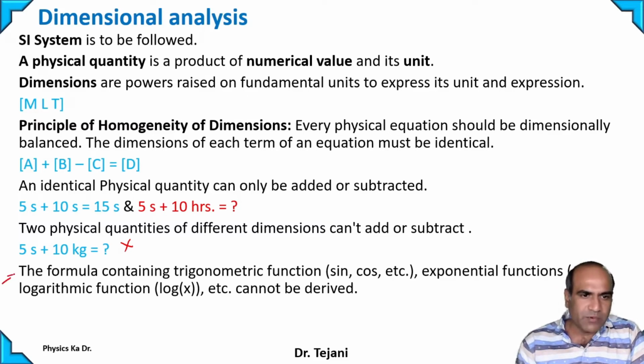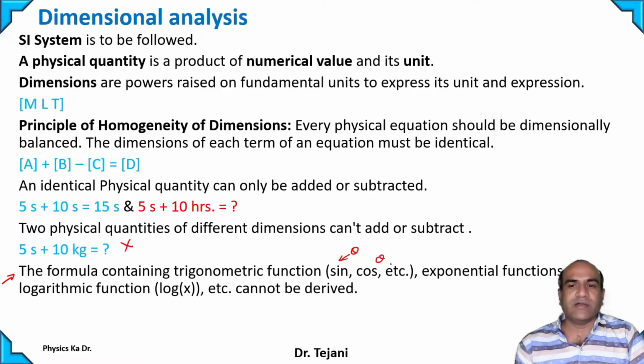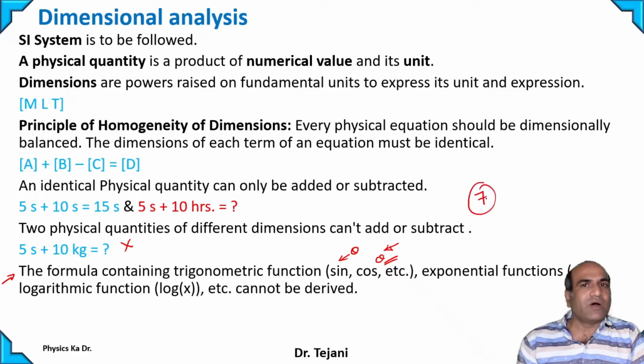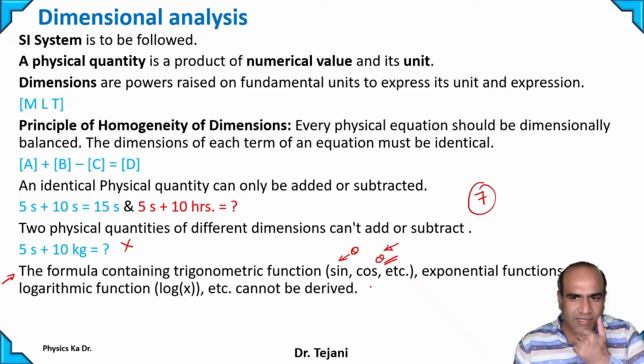We know that. The rules are coming from nature. And this is very important. A formula containing trigonometry, that means sine theta, cos theta, tan theta, whatever, is always dimensionless, because for the angle theta, dimensions are not given. Dimensions are given only for 7 fundamental units. Only the 7 fundamental units have dimensions, others do not.